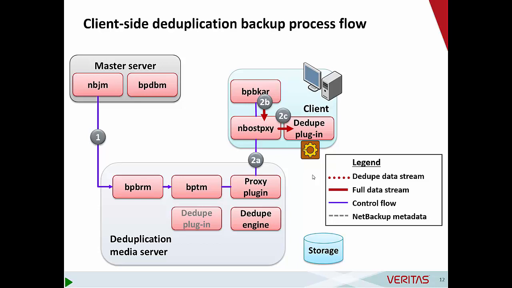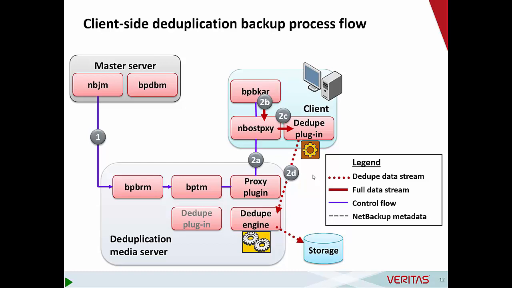NBOST proxy is able to communicate with the proxy plugin on the media server. And it's going to work with the dedupe plugin on the client to segment the data, analyze it, and determine what's unique and what's not. The unique data only is going to be sent from the dedupe plugin to the dedupe engine on the media server, and then from there to disk.